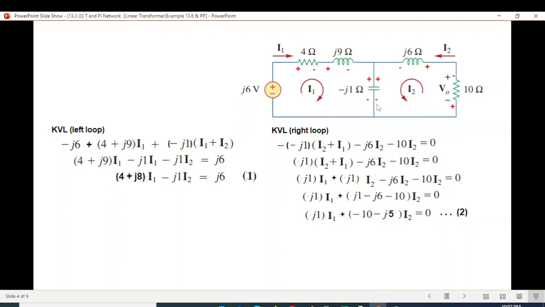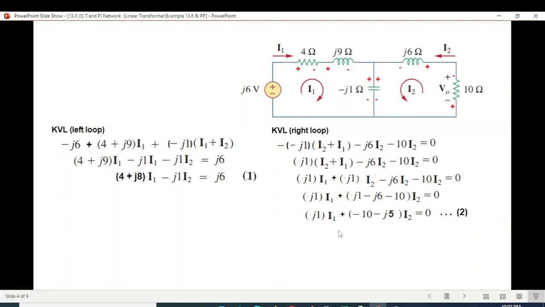So from here, minus, and then minus J1 times current I2 plus I1, since we are in loop 2, so we'll write I2 first and then I1, and then minus J6 I2 because of the sign minus first, and this is minus 10 I2. Collecting the like terms, we get the second equation.